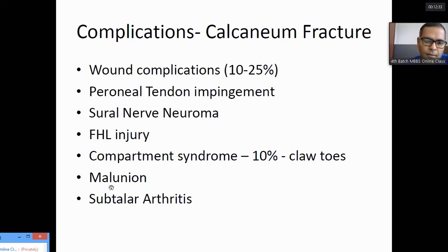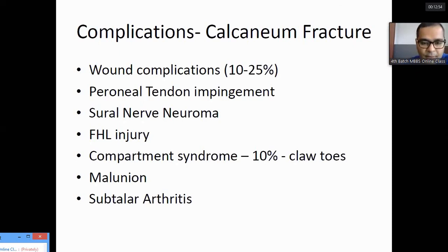When there is a malunion, when the displaced fracture heals by itself, the most common complication is subtalar arthritis. When the articular cartilage is injured, our body cannot form hyaline cartilage by itself.